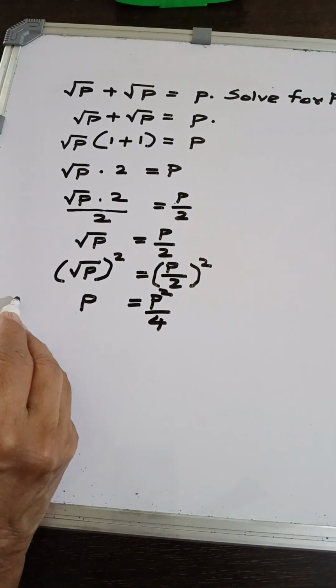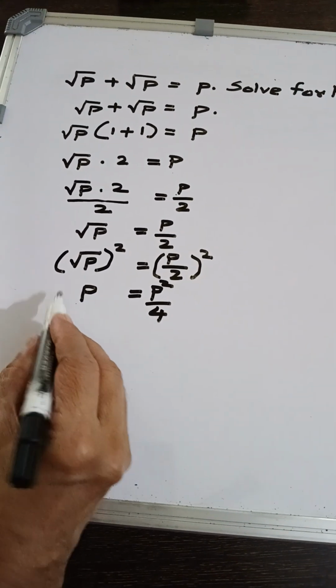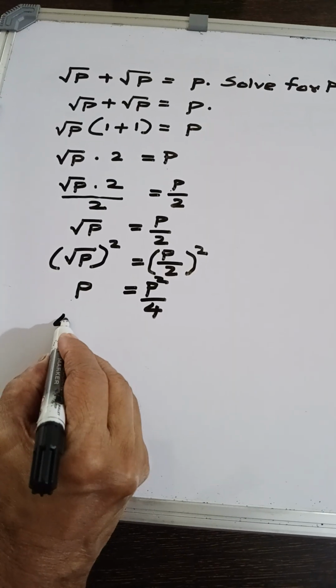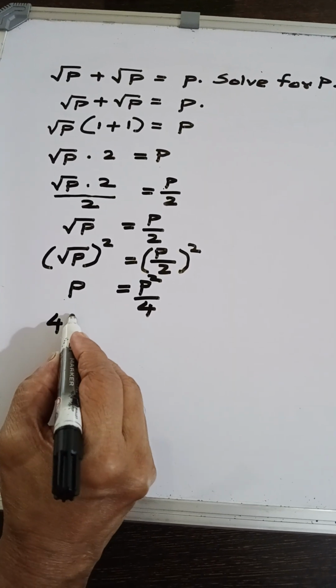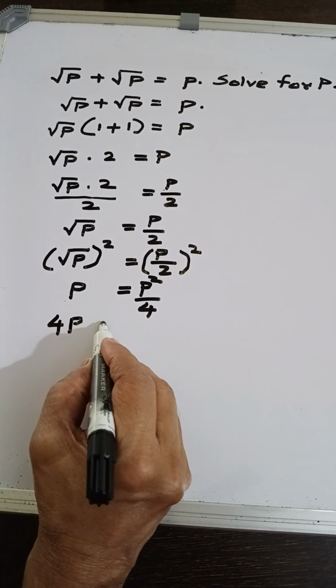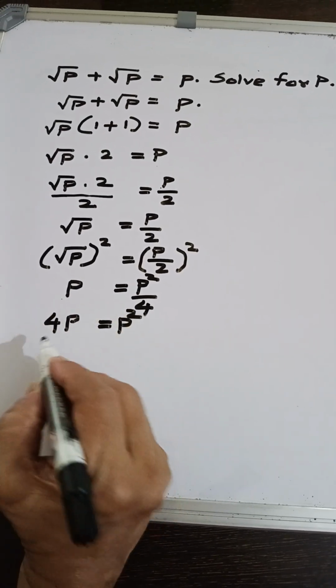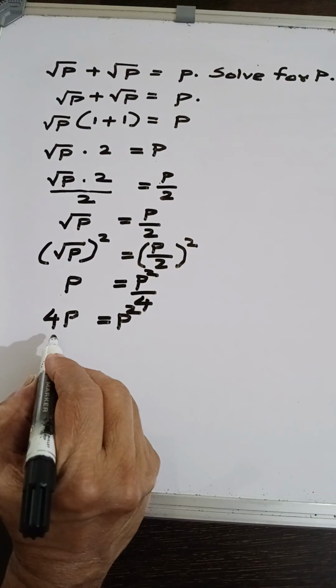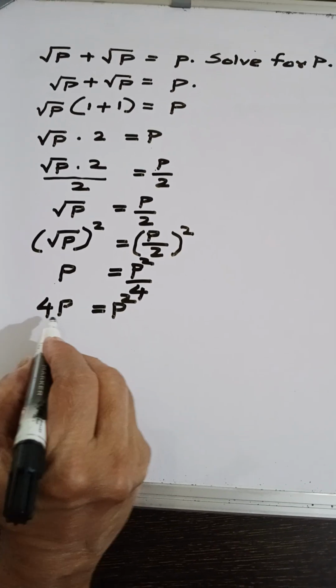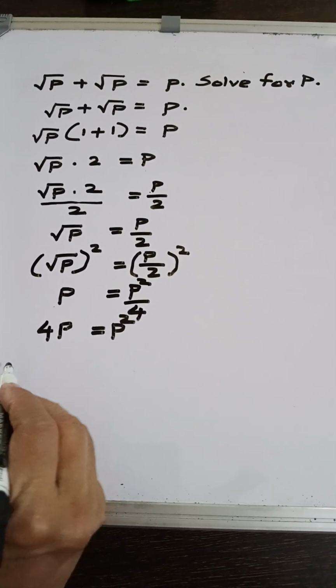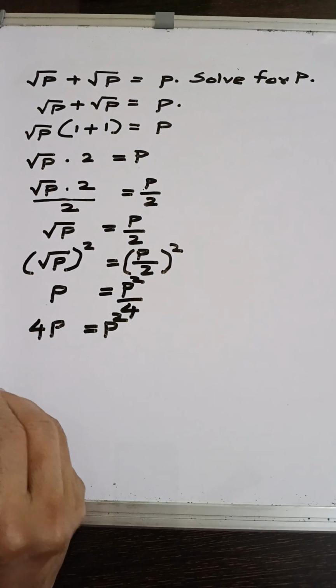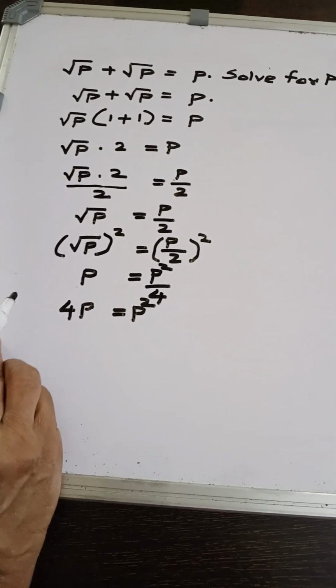Then cross multiplying, here comes 4p equals p squared. That is, I am reversing it here.